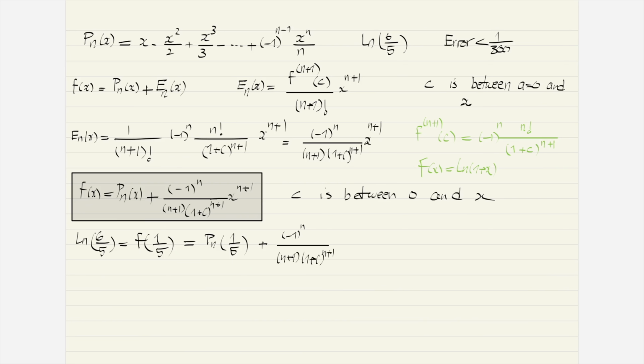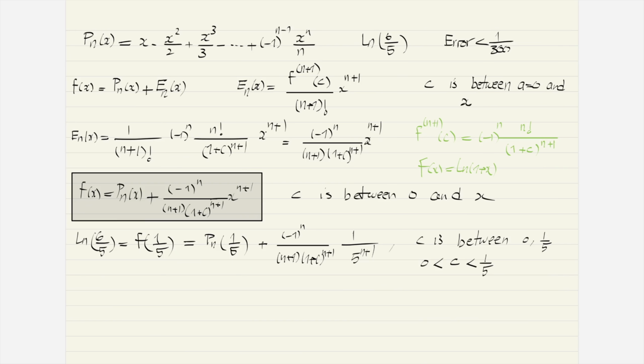And then I have 1 over 5 to the power of n plus 1, which will be 1 divided by 5 to the power of n plus 1. C is between 0 and x. What is x in this case? X is 1 over 5. So between 0 and 1 over 5. But I prefer to write it in mathematical language. So it is between 0 and 1 over 5.